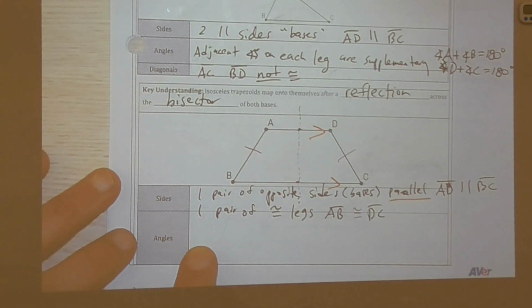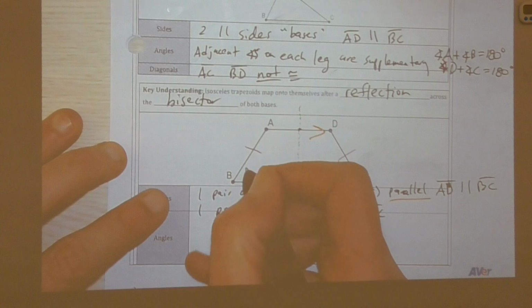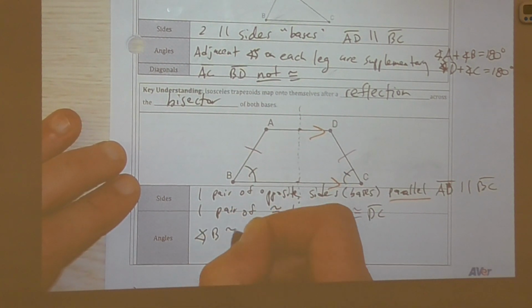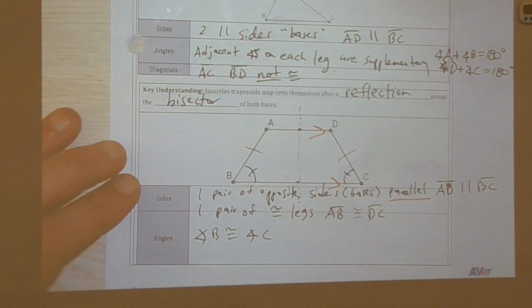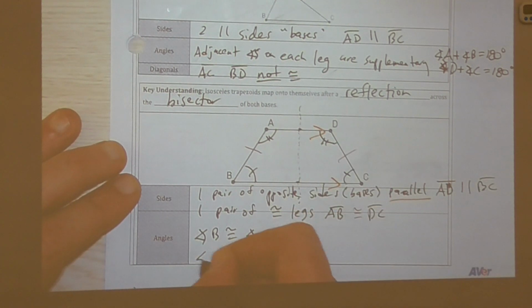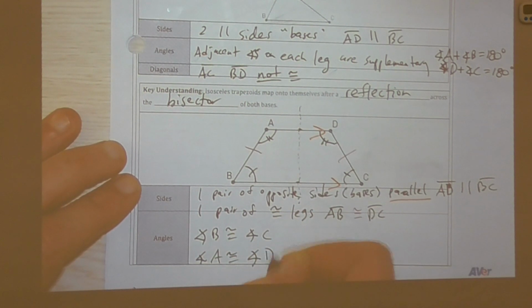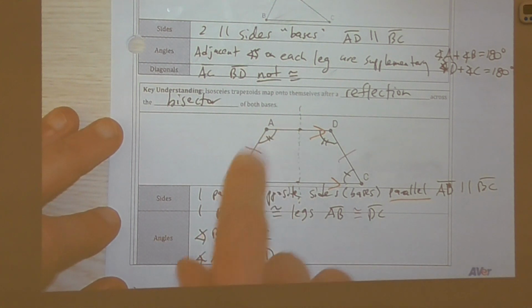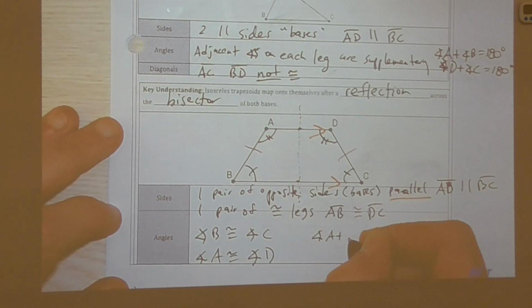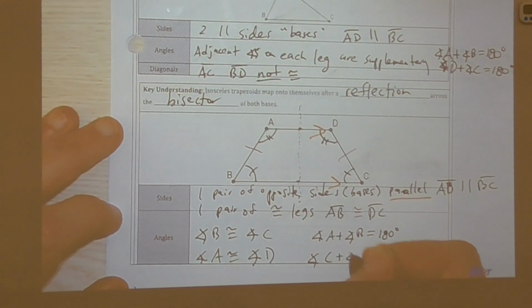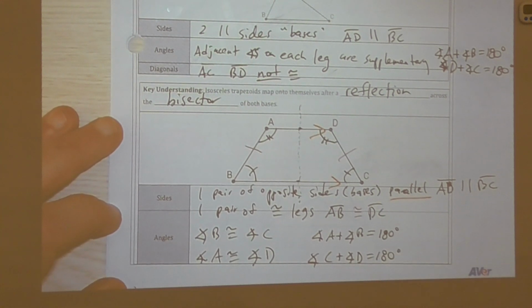Now we'll look at the angles. So in an isosceles trapezoid, the base angles are congruent. So angle B congruent to angle C, and also angle A congruent to angle D. Then, as we said, adjacent angles along the legs are supplementary. So angle A plus angle B equals 180 degrees, and angle C plus angle D equals 180 degrees.